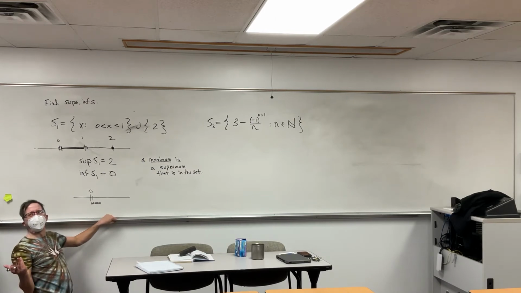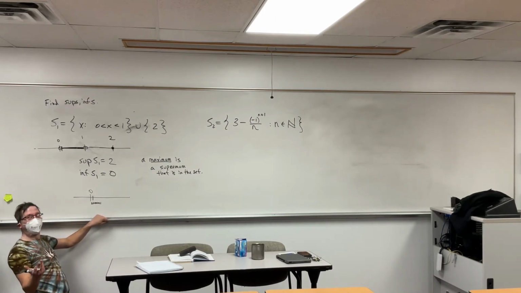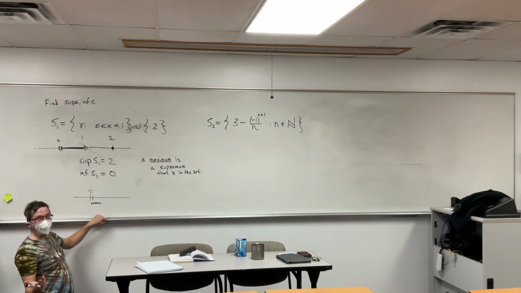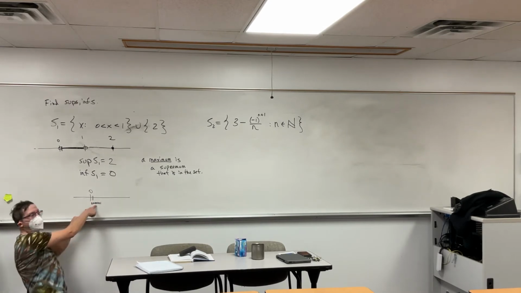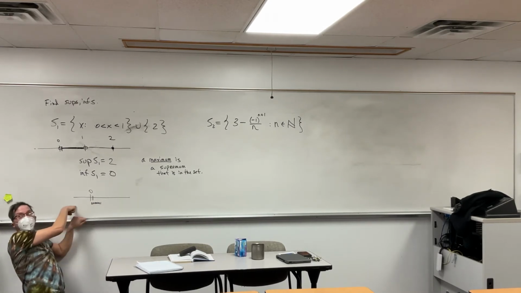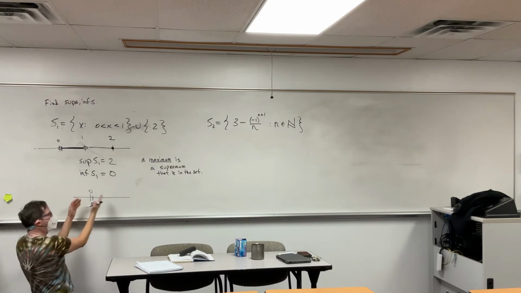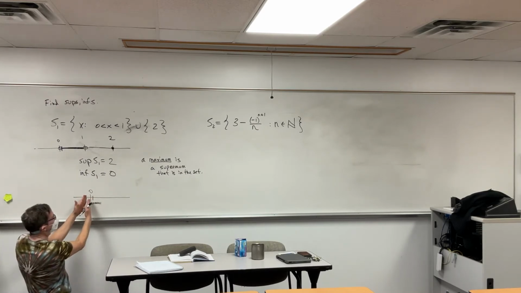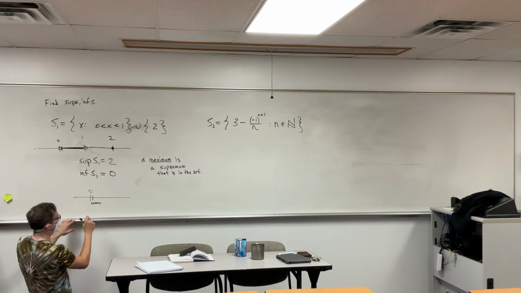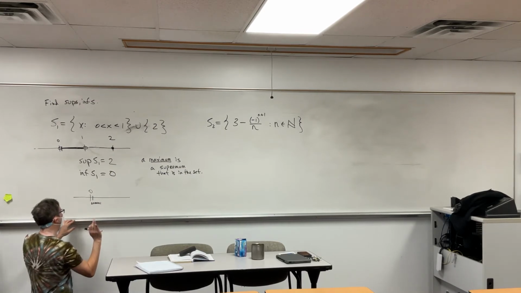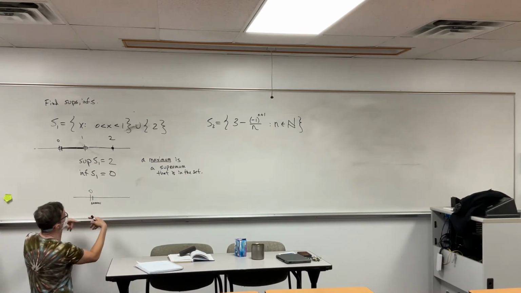No. Why, Michael? Because there's always a real that's closer to 0 that isn't that one. Exactly. Take half that number. It's to the left. So no matter how tiny that little spot is, you can always spill to the left. We're going to come up with a nice theorem that's going to make this easier to argue.